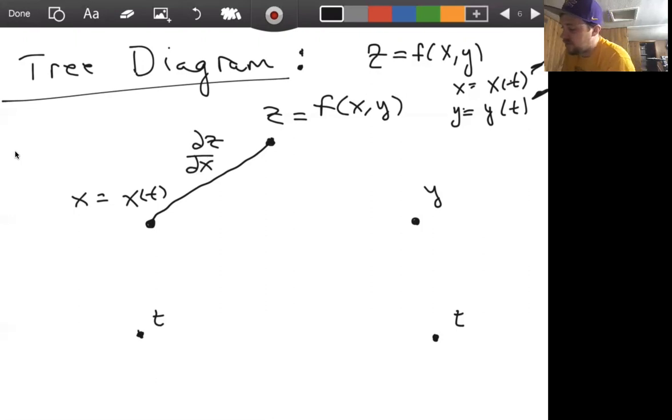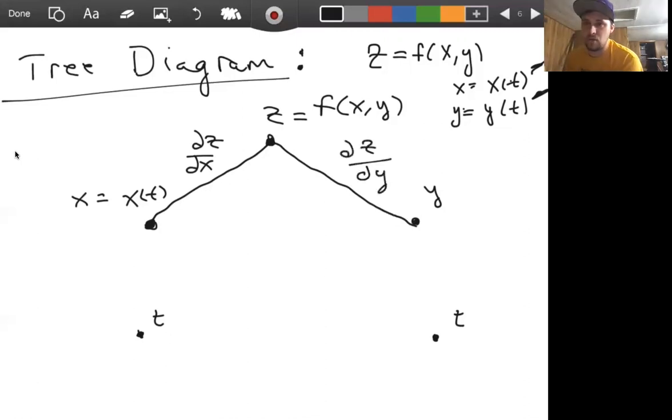So the top variable of this branch is z, the bottom variable is x. So it's partial z, partial x, which means this branch here will be the partial derivative of z with respect to y, right? Because this is how we're indicating our branch here.